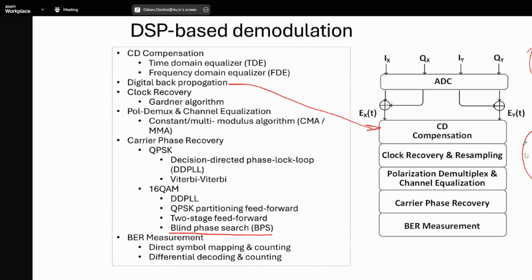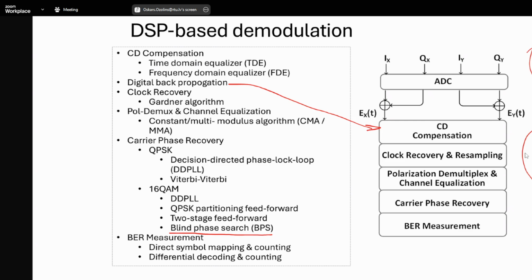Ideally, when you have these circles, with blind search you divide this with different phase steps, and then you just calculate. Depending on how many sectors you have, you can say how much phase rotation there was for this specific symbol.